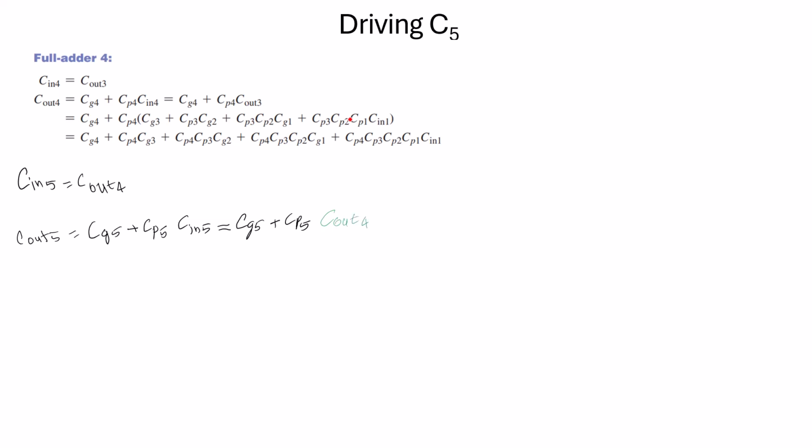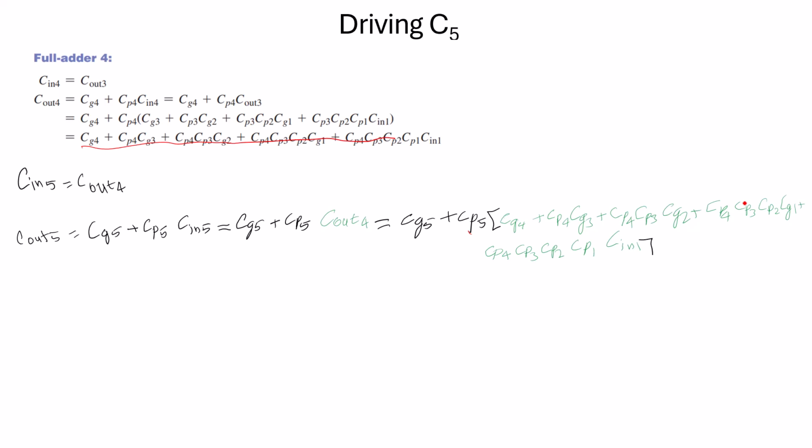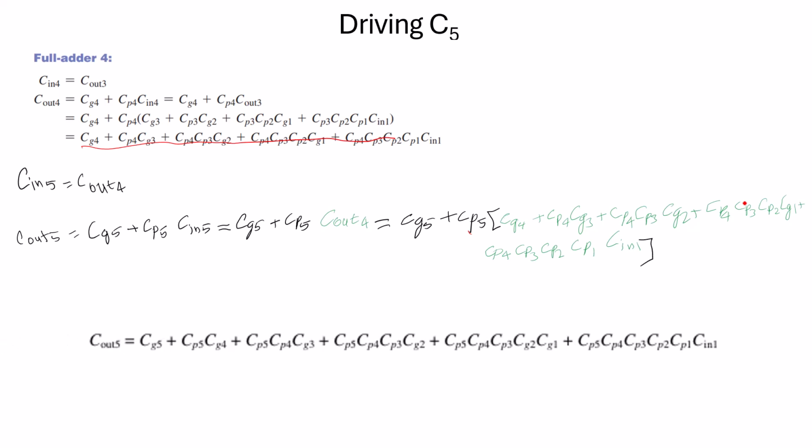Again we replace C in 5 by C out 4, and C out 4 we already calculated here, so we replace this whole term by this whole term, and you will see it here. All right, and then the final thing is we distribute. We multiply this with the whole thing, and ultimately this gives us this result.